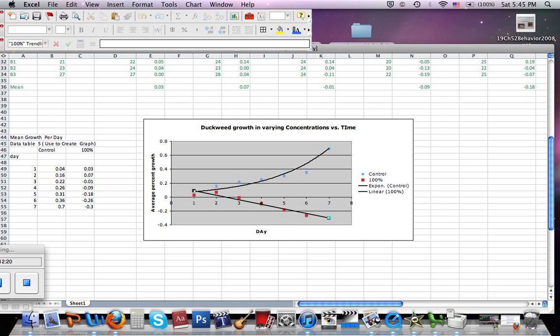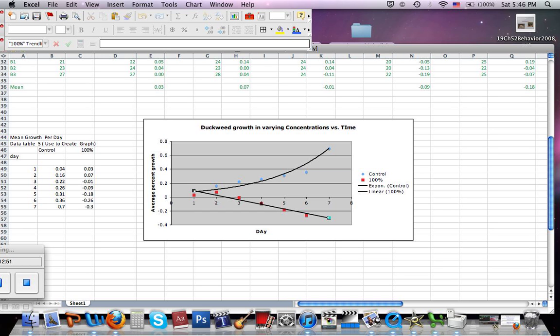Okay, so you're probably going to have 4, 5 lines here on your graph, and that's when you can look at and think of what chemical concentration gave you that toxicity, or the toxicity range for your chemical, because you'll see that it'll decrease by half. It'll be growing half as well as your control. Or maybe you won't. Maybe your data doesn't lend itself to that type of analysis.